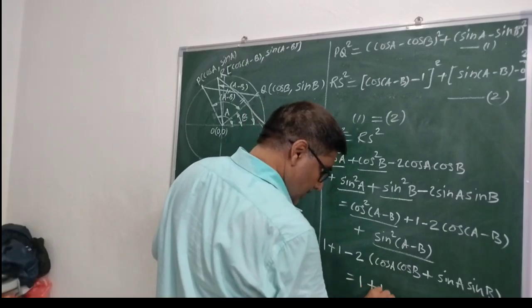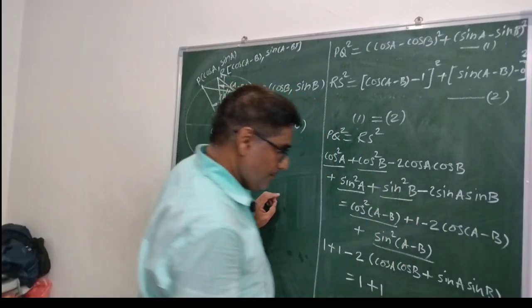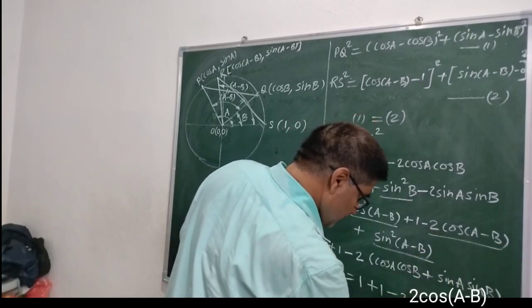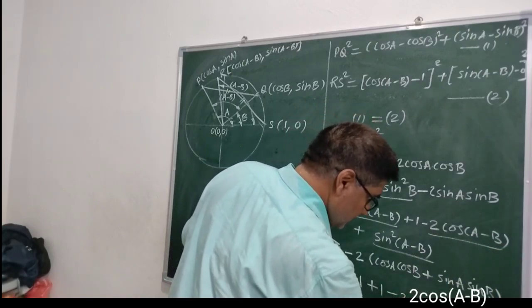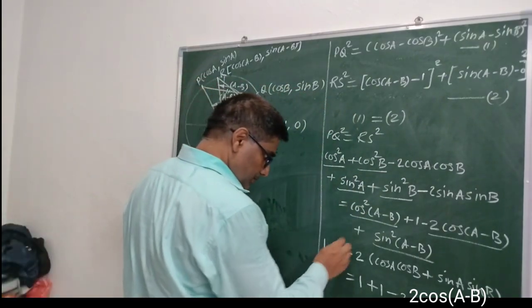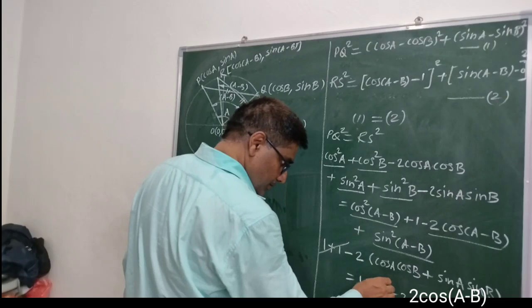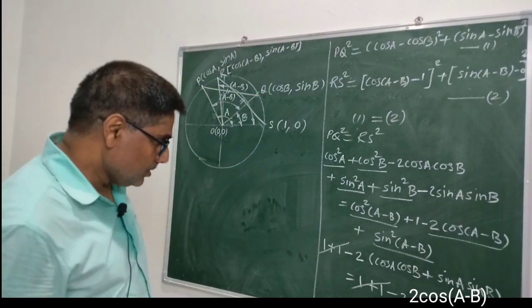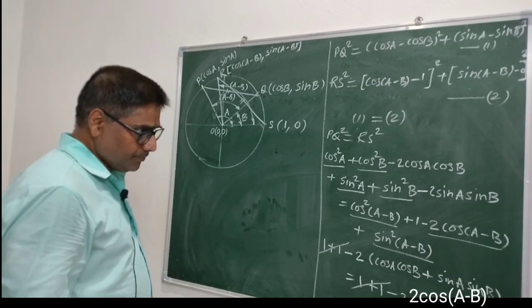We have already 1 here. Then what is left? Minus 2 cos A minus B. The 1 plus 1, 2, will get cancelled from both sides.